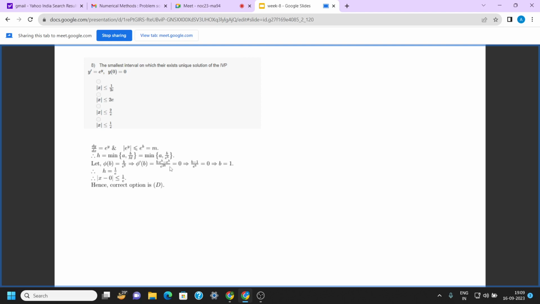Fine. Now when you take e power b common, you will get (b minus 1) by e power b equal to 0. By solving this you will get b equal to 1.